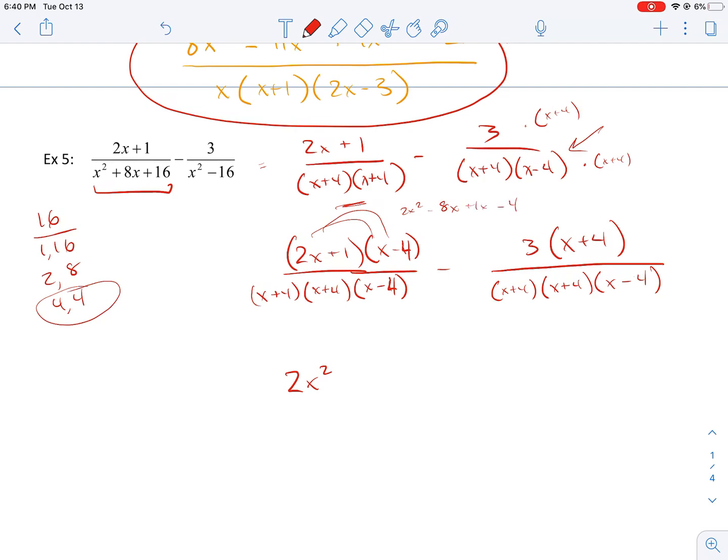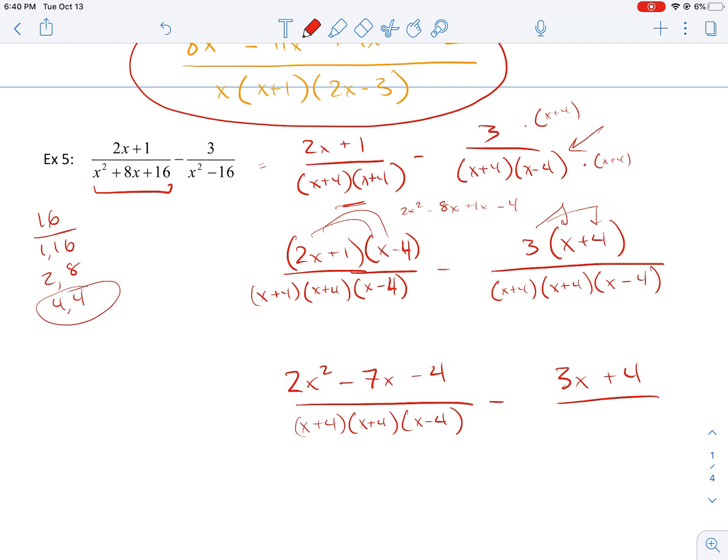So negative 8x and a positive 1x will give me a negative 7x minus 4. Minus, distribute that 3. So it's going to be 3x plus 4.